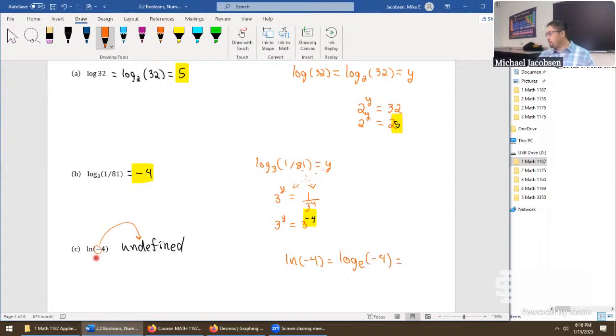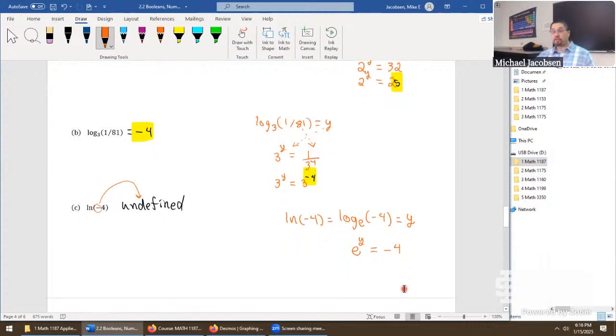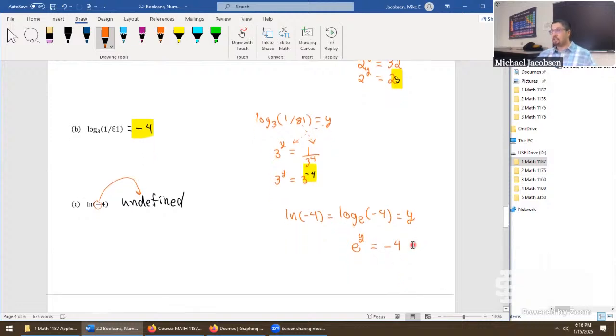We can convert this now to a logarithmic equation with an output y, and same approach as before. Take e power y. This will be equal to -4. Well, you might be thinking of, well, how in the world are we going to make -4 have base e? But that's totally an unrelated problem to us now at this stage, because we have a related result here. This automatically has no solution.